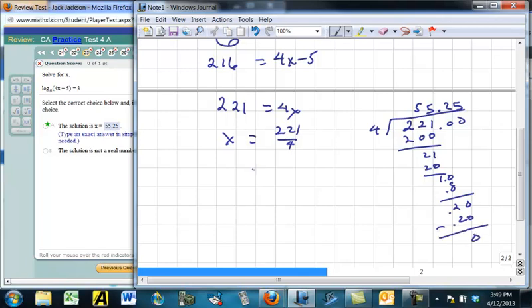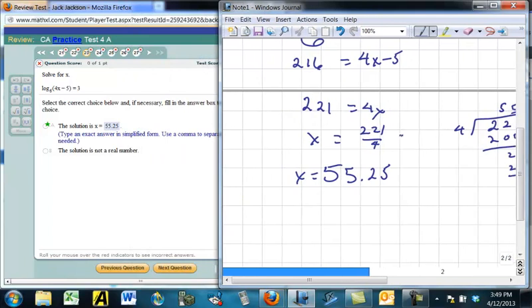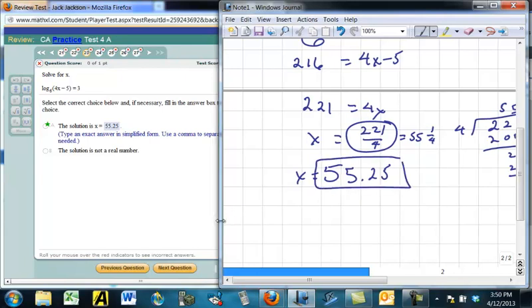And so x is 55.25, or 55 1/4 in mixed numbers, 221 over 4 in fractions, or in decimals, 55.25.